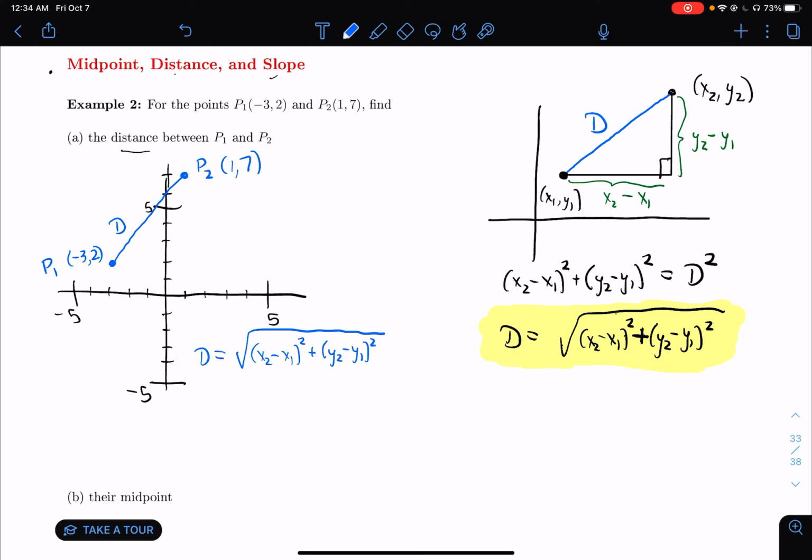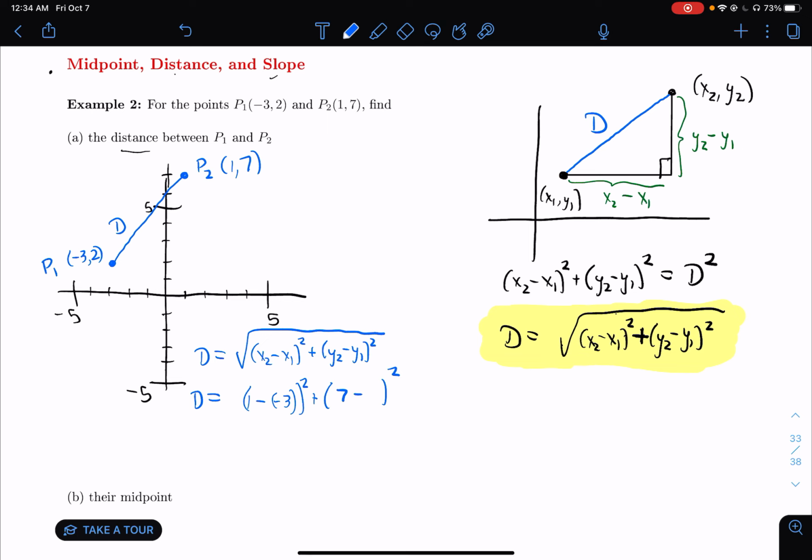If I plug in my coordinates, I'll get distance equals the square root of, for x2, I will plug in 1, and then minus x1, the other x value, which is -3. So 1 minus -3, that's going to be squared, plus, and now in the other one, I have to stay consistent with the order. If I put 1 first in the first parentheses, then in the second parentheses, I should put its y coordinate first, which is 7.